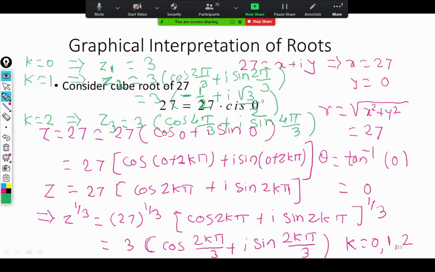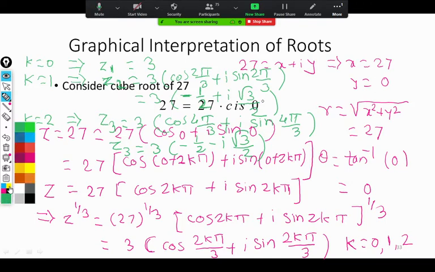Now, if 2 pi by 3 is 120, so this is 240. 240 is in the third quadrant, so obviously both are coming negative. So what about Z3? Yes, anyone? Z3 is 3 times minus half minus I times root 3 by 2. So Z2 and Z3 are conjugates of each other. So we got 3 roots, which will be our final answer.